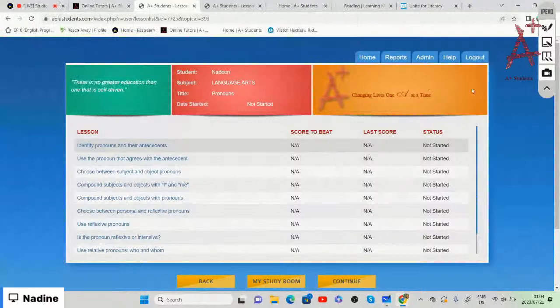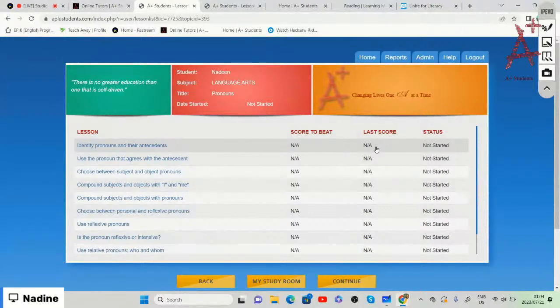All right, so with pronouns, we said that we need to identify pronouns and their antecedents.